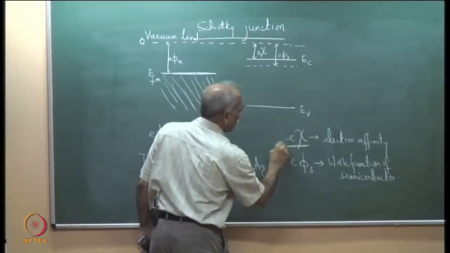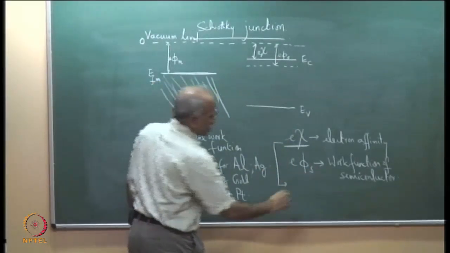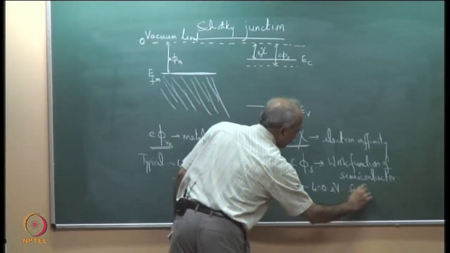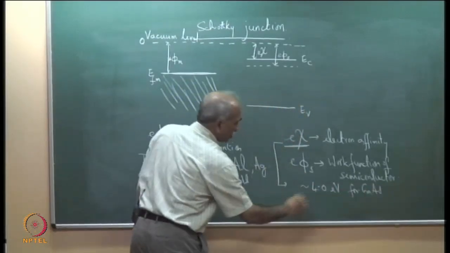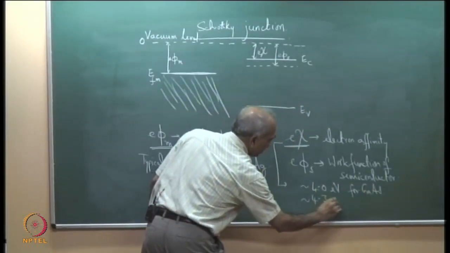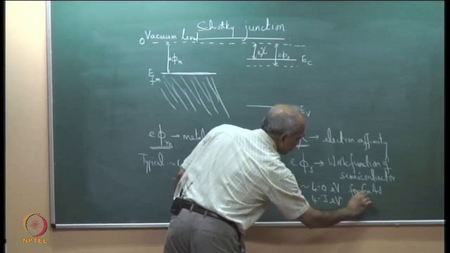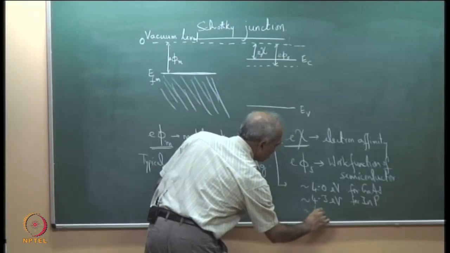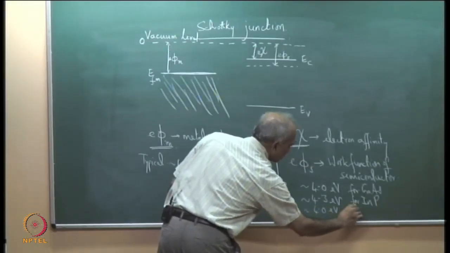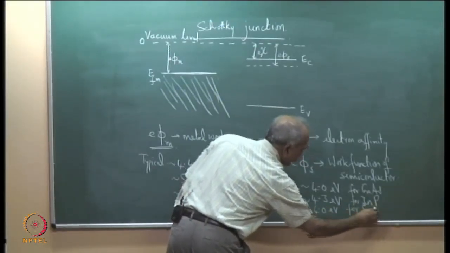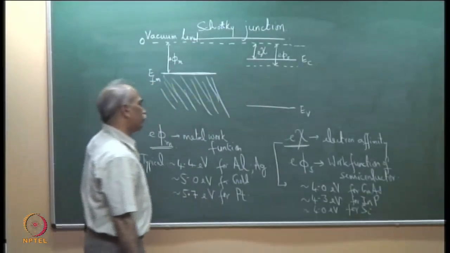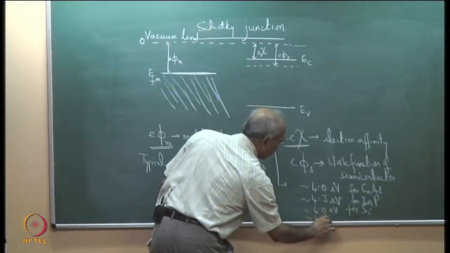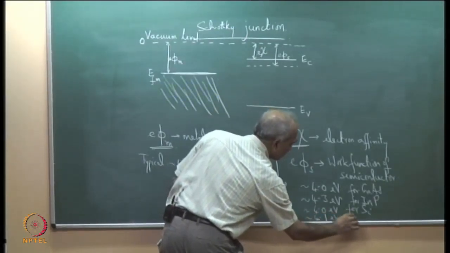E chi is approximately 4 eV for gallium arsenide, approximately 4.3 eV for indium phosphide, and even for silicon it is approximately 4 eV, and about 4.1 eV for germanium.